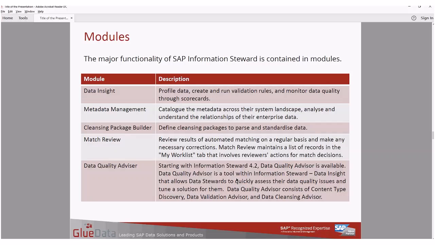That's where the custom rule development comes in. But it does help if you're looking at fields that are, let's say, your key fields or required fields, or you have a specific range of values that are the only values allowed within a certain field. Those are the types of rules that the Data Quality Advisor can help you generate very quickly.